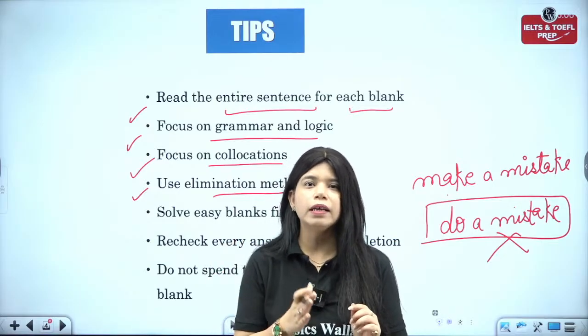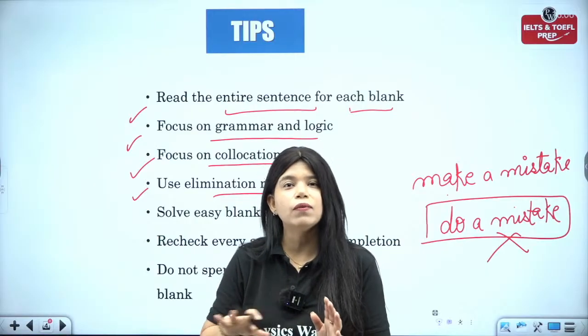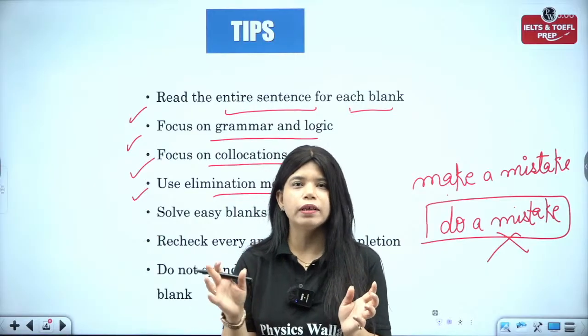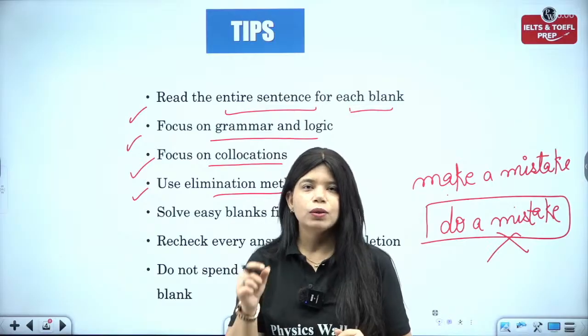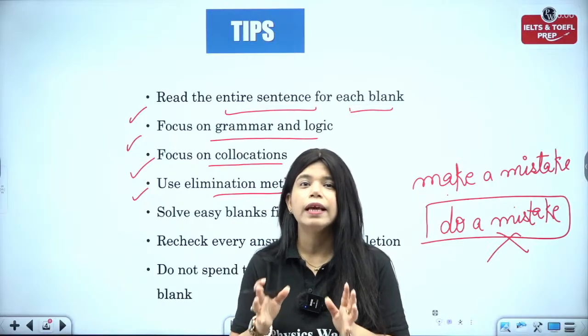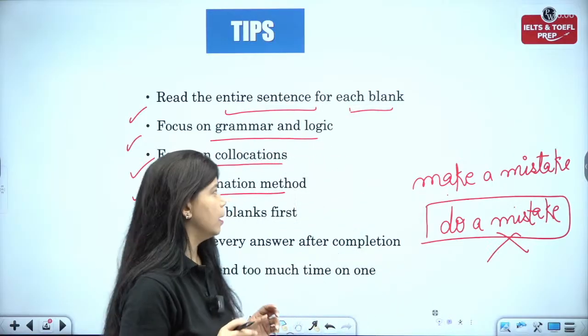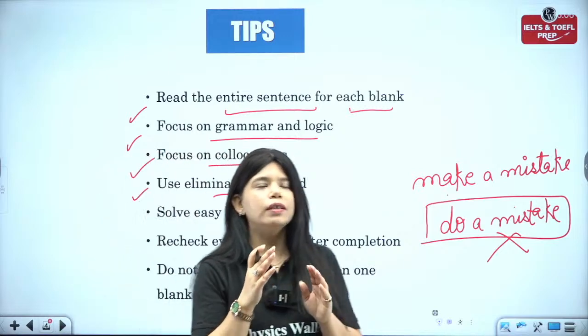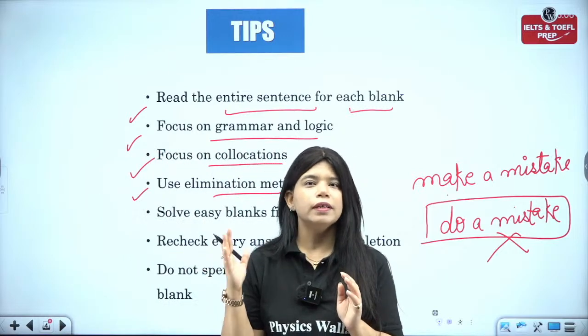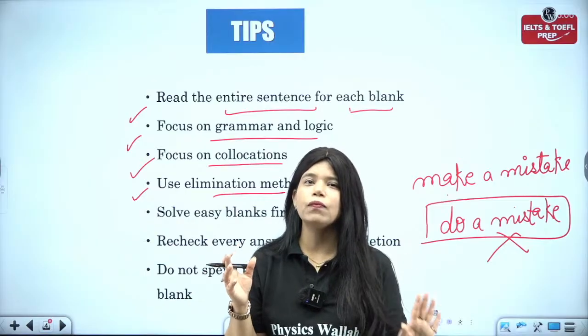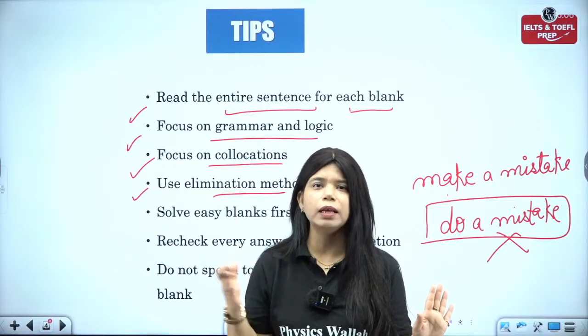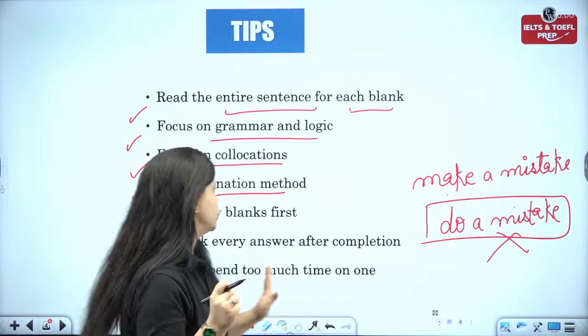And automatically, you need to start eliminating the ones which you are very sure do not fit here. So elimination is something that will help you in getting the right answer. Elimination means just removing the options that you are sure do not fit in this blank. So eliminate them and remove your confusion.